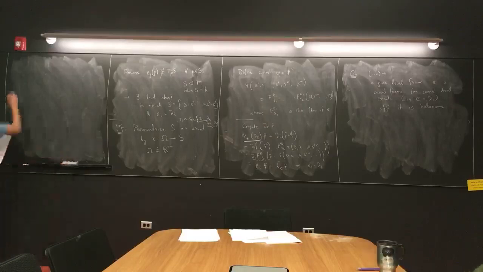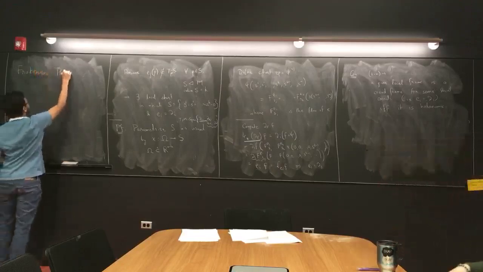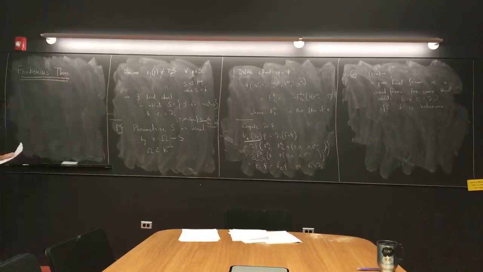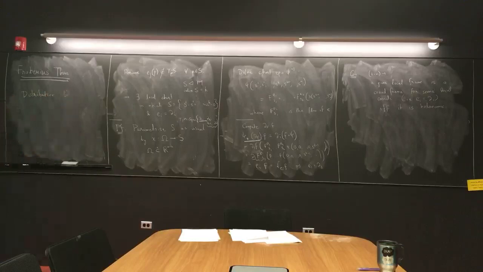All right. So the main topic of today is Frobenius theorem. Recall that a distribution... The Frobenius theorem is actually the analog of this corollary for k less than m.